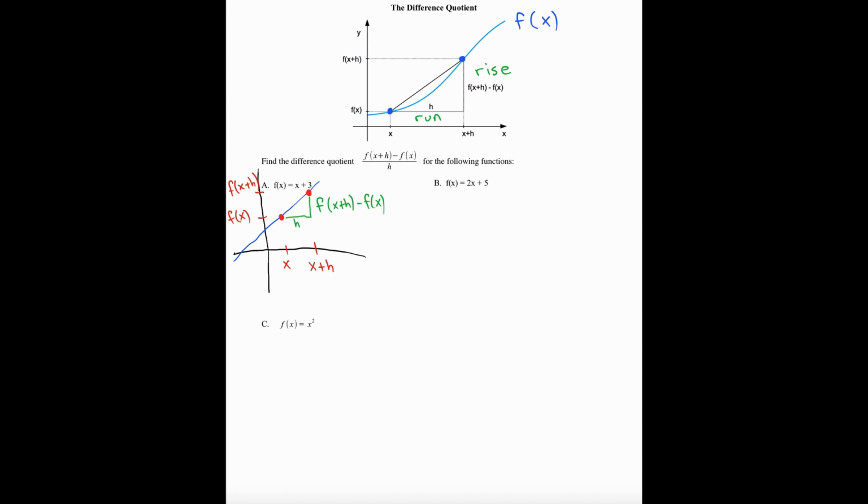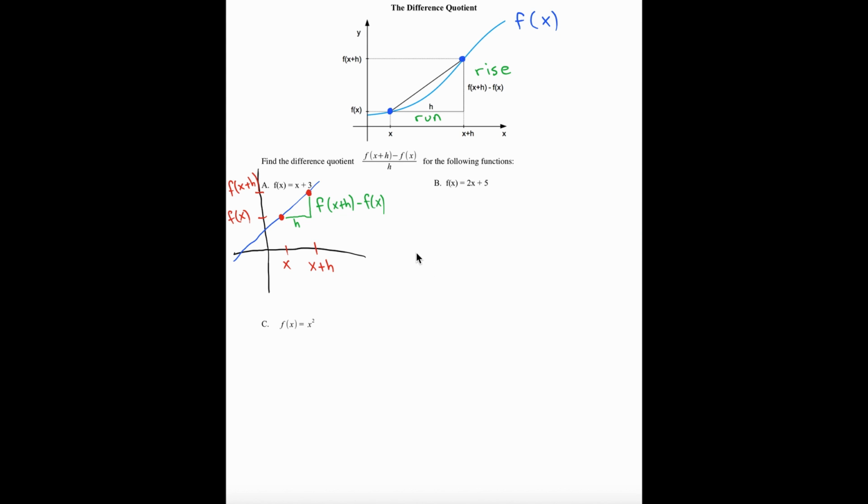Now, you know from your experience with linear equations that the slope should just come out to be 1. According to the formula of mx plus b, the m would be 1 here. So let's see if the difference quotient for this function actually does yield 1.